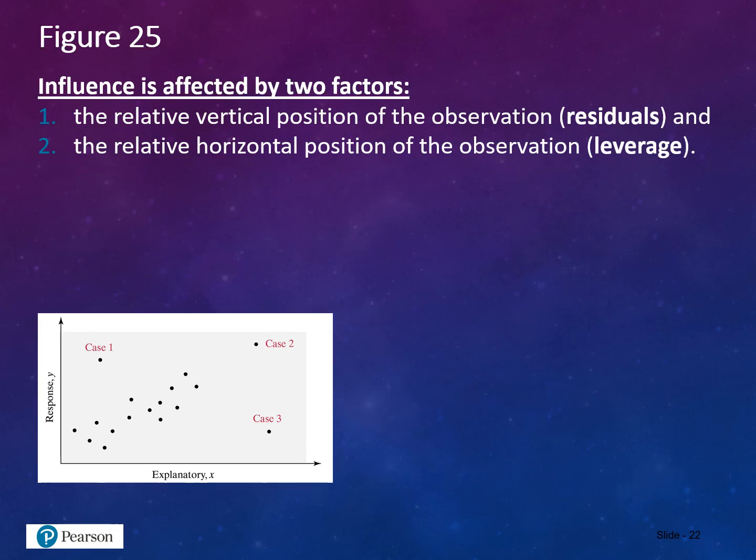How influential an observation is is affected by two factors: the relative vertical position of the observation, these are the residuals, up and down, the y's, and the relative horizontal position of the observation, and this is a new term which we're calling leverage.